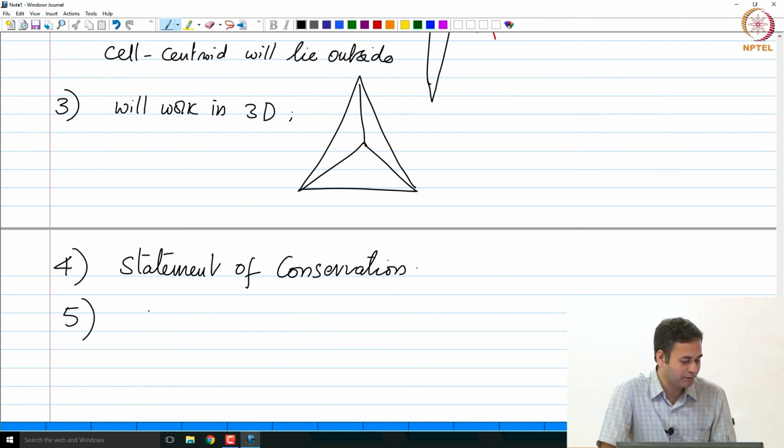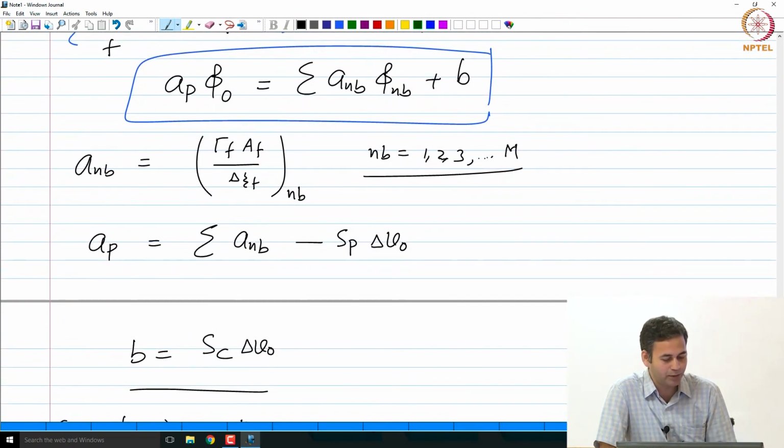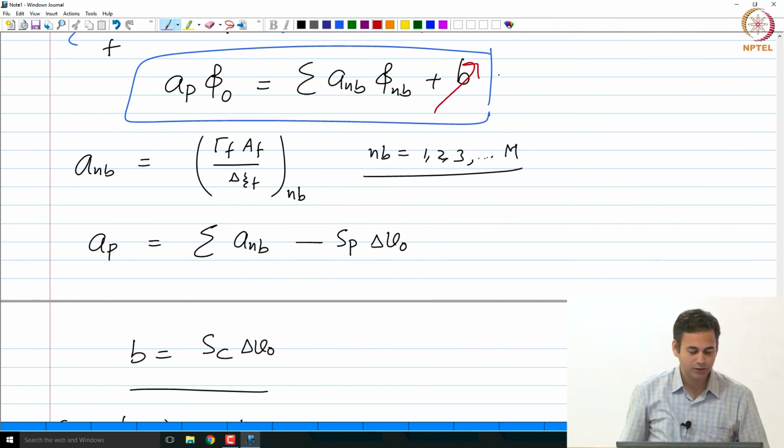Let us say we have the source terms equal to 0. In the absence of source terms, is the phi 0 value bounded by the neighbors? B is 0. In that context, is it bounded?